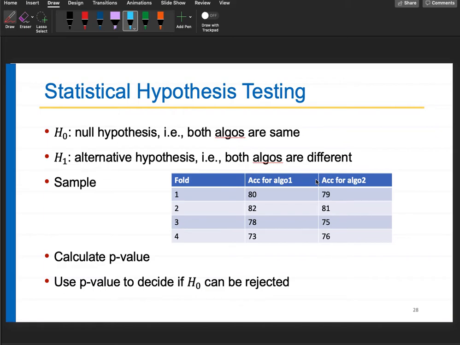The concept is this: many main things are here. First you define your hypothesis, then how are you sampling your data? The mathematical part is how you calculate your p-values. There are many ways discussed in the literature proposed by different researchers. How do you calculate your p-value which can statistically quantify your confidence?